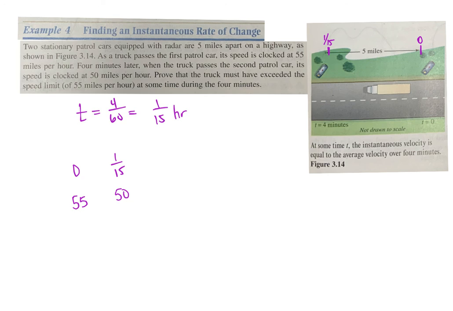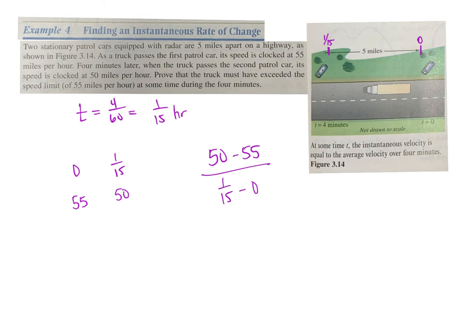So that's what we would plug in, his x and y values. We would take 50 miles an hour minus 55 miles an hour, over 1/15 minus 0.